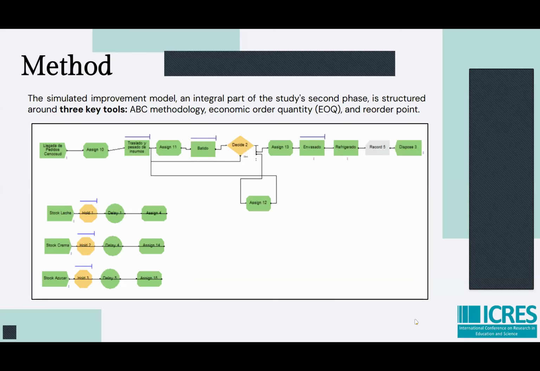And additionally, calculating the economic order quantity ensures that the inputs are available before planning the gelato production, and this helps to avoid obsolete inventory by determining the optimal order quantity for each input. And finally, the reorder point concept was applied to determine the optimal timing and frequency for the inventory replenishment.